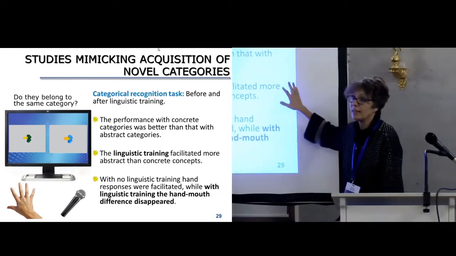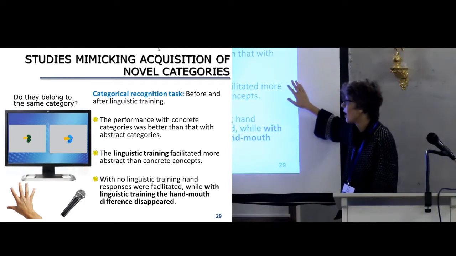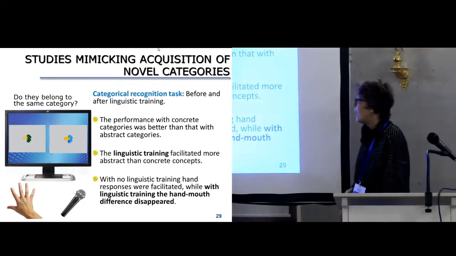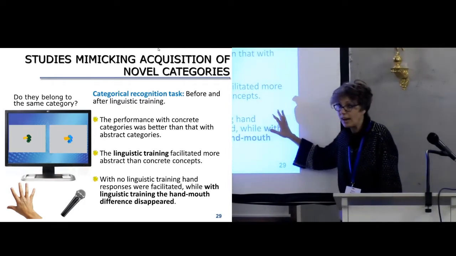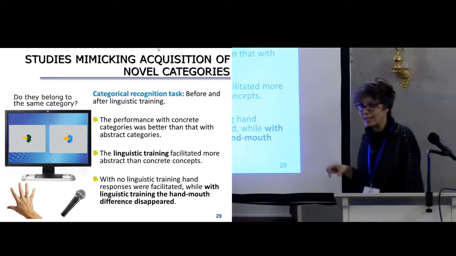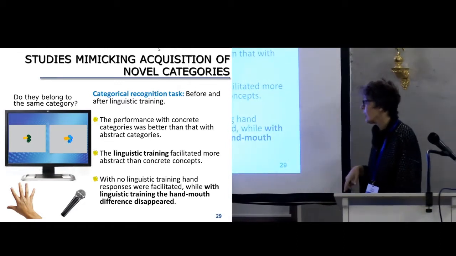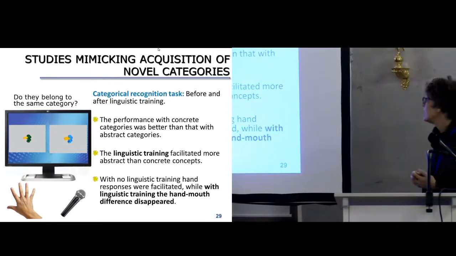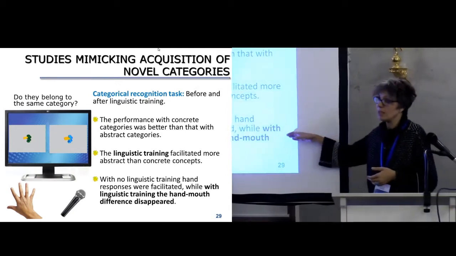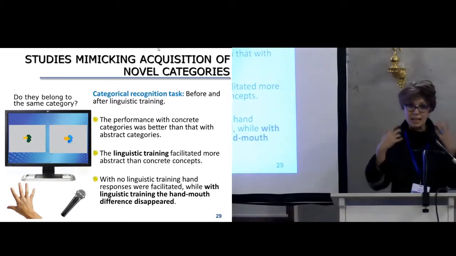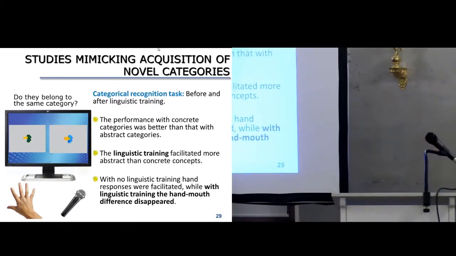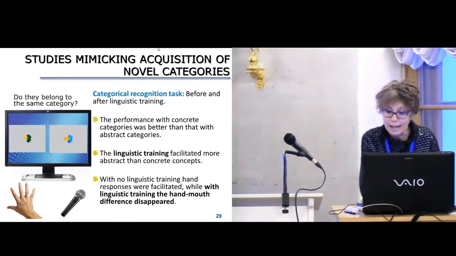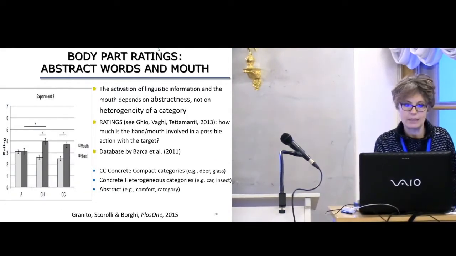But importantly, the linguistic training facilitated abstract more than concrete concepts. With no linguistic training, hand responses were facilitated, while with linguistic training, the advantage of hand responses disappeared in the case of abstract concepts. So it seems there is an association between abstract concepts and the language and motor systems.